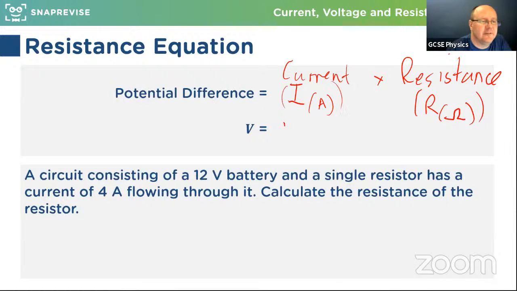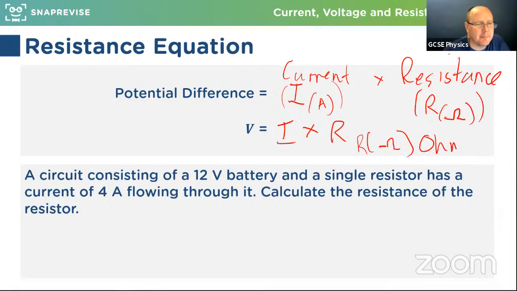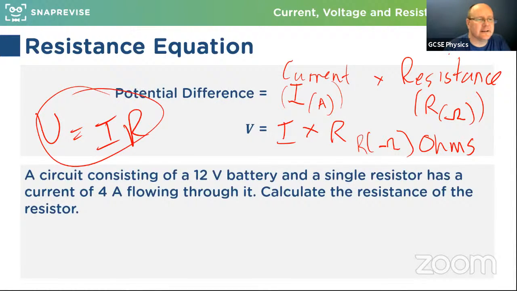Okay, current in amps. So V equals I times R, and the unit of R is ohms, which is spelled like that, O-H-M-S. Okay, so V equals IR, that is Ohm's law, basically.